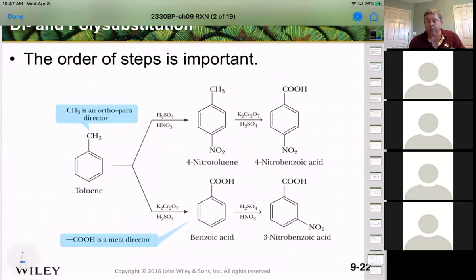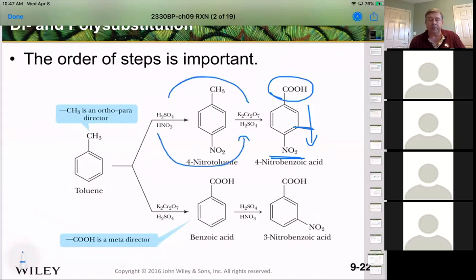So if we want our group here to be opposite our group, we have to think, okay, our first group here, if we had that group on there already, that would actually be a meta director. So I have to have something else there first. So we actually just reverse the order of the reagents right here to change that, okay?